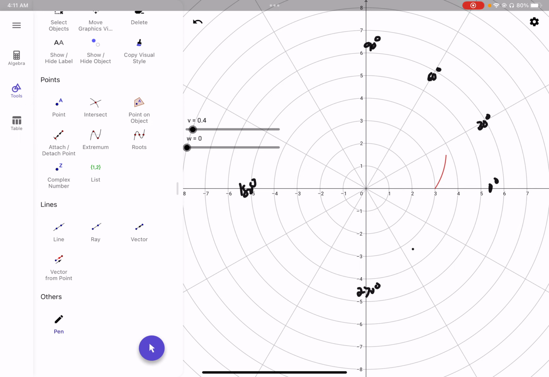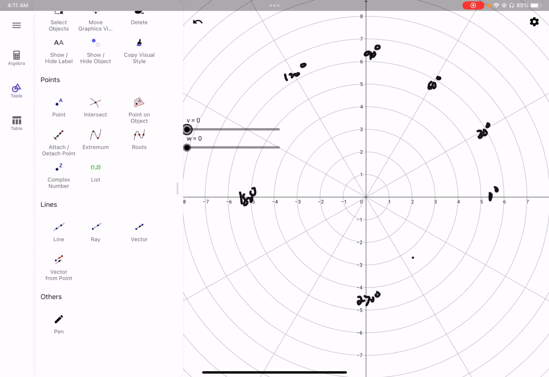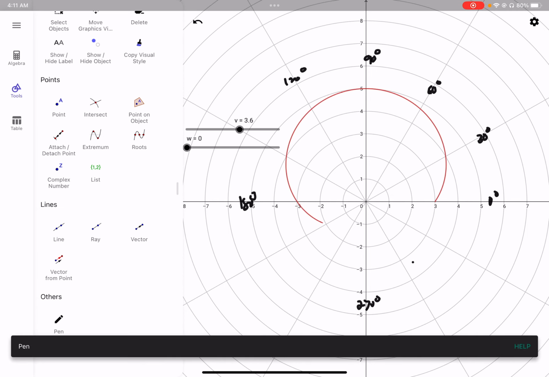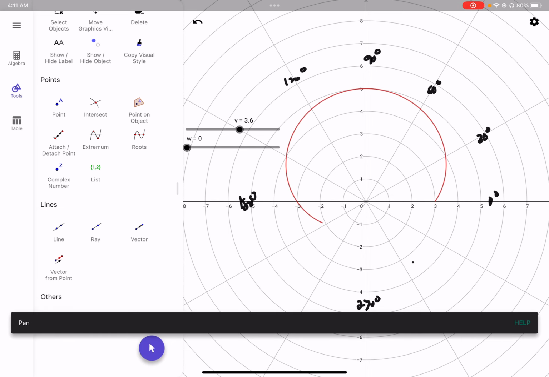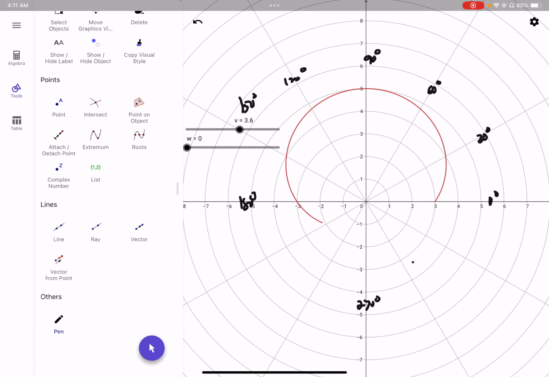So we could have 90, 120, 150 if we want, and so on. So 180, then we could have 210 here, 240, 270, 300, and then 330, and going back to the start.